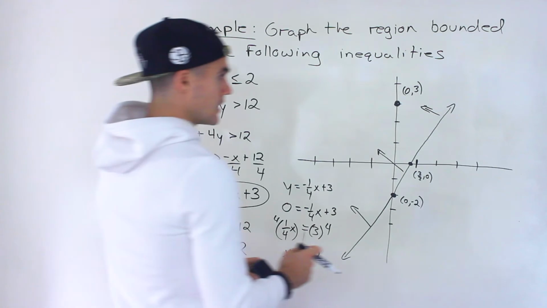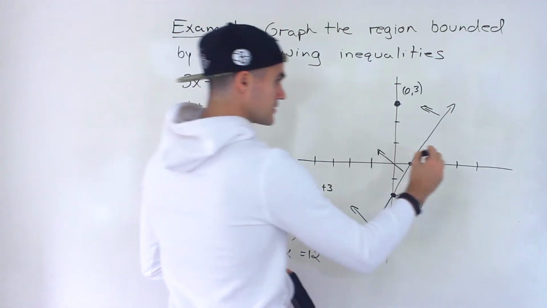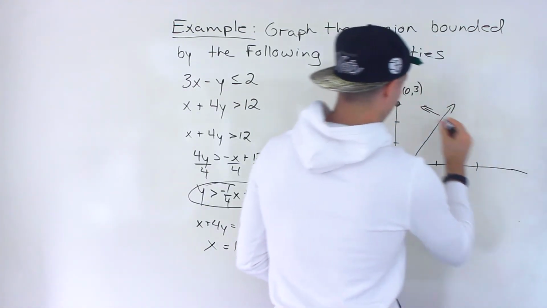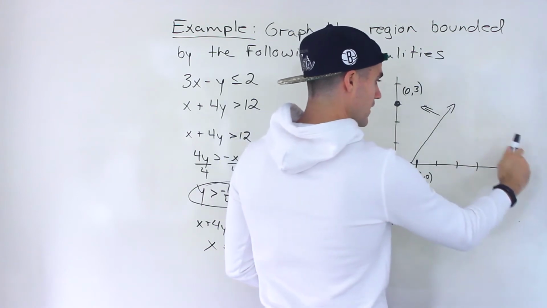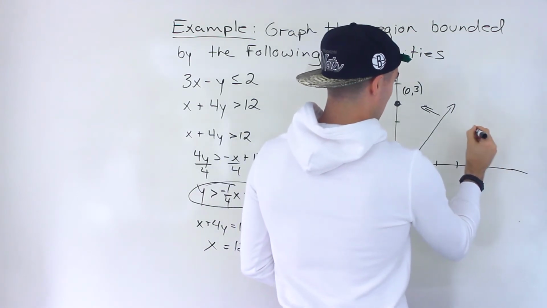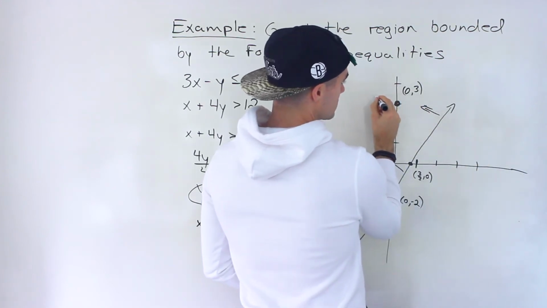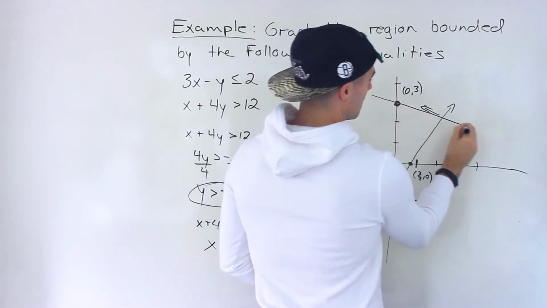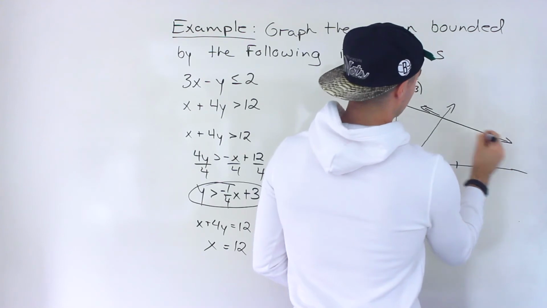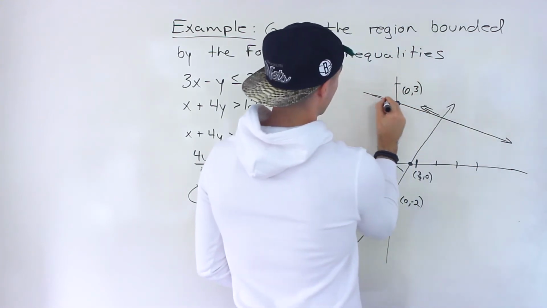So the x-intercept is actually going to be at 12, so that's going to be way further down here. And so if we pretend that we're going to go to 12, we can sort of make a line like that.